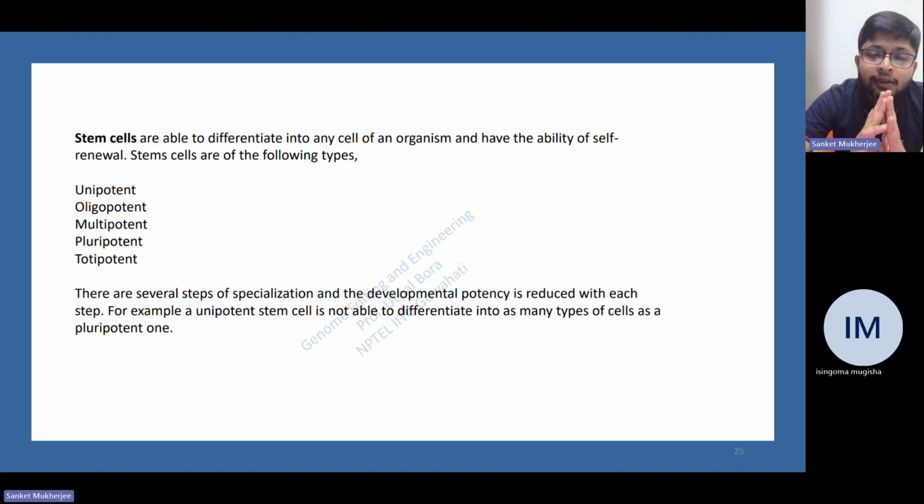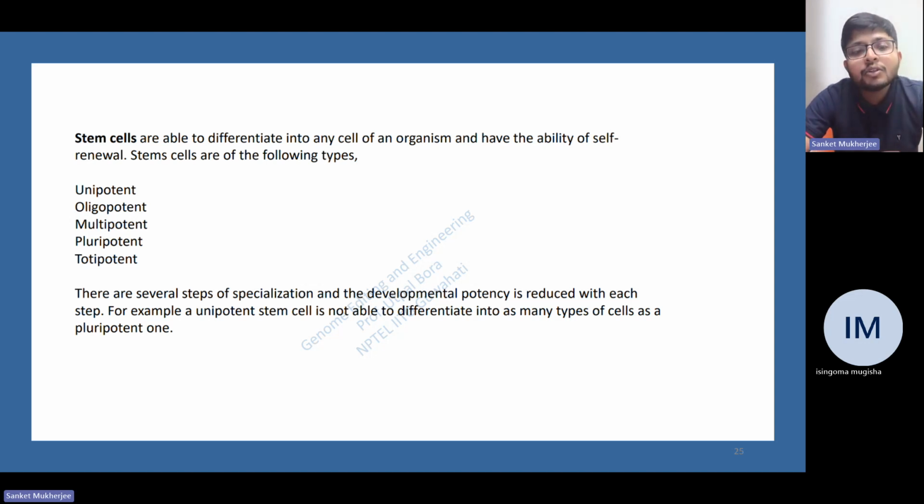Pluripotent cells can form all the three germ layers, the ectoderm, mesoderm, and endoderm, but they cannot form the placenta. Multipotent stem cells can differentiate into various lineages. Oligopotent is very similar to multipotent, but again, the lineages are small in number. Unipotent stem cells can only differentiate into a particular cell type.